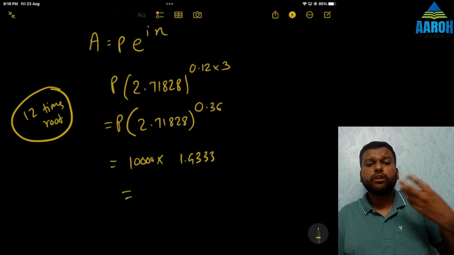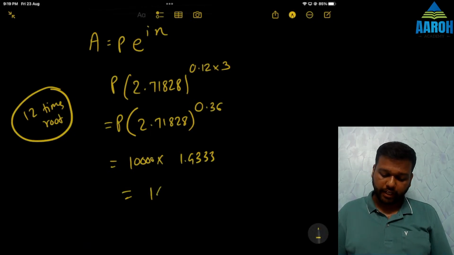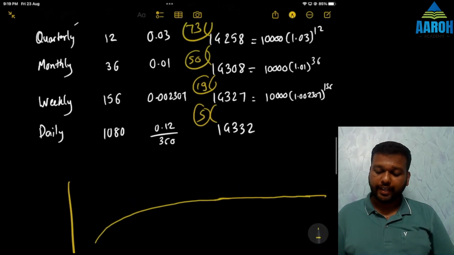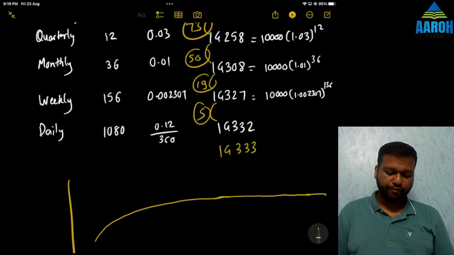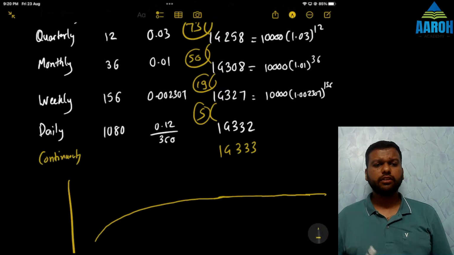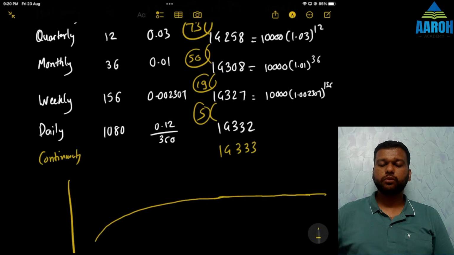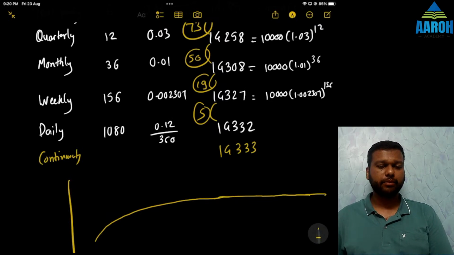So if we keep on compounding continuously, we get 14,333 rupees, which, if you observe, is only about 1 rupee more than daily compounding. This concept will be useful when you go to inter and final in financial management.